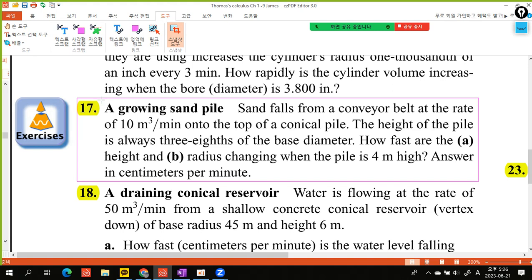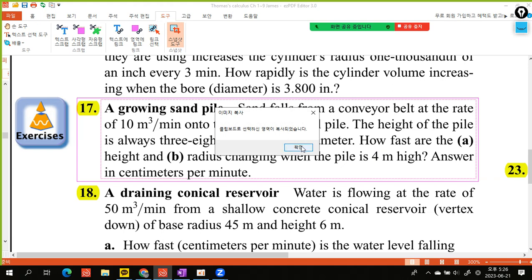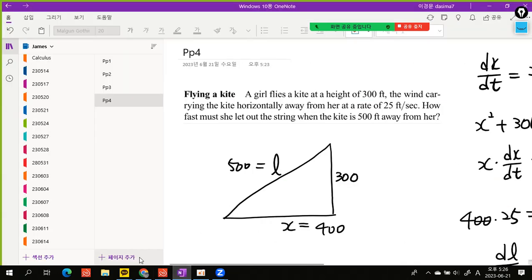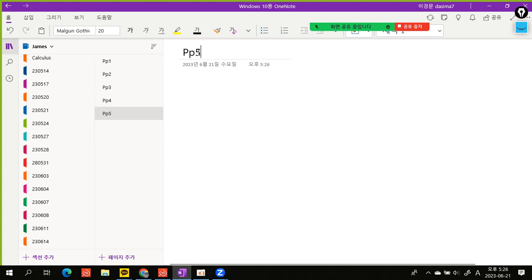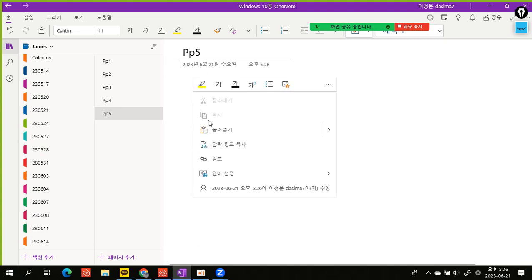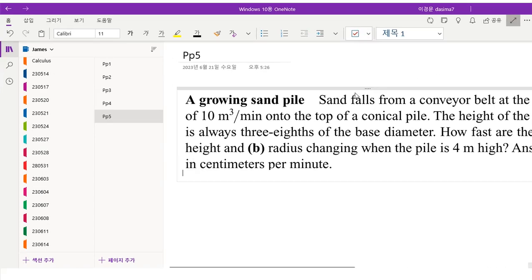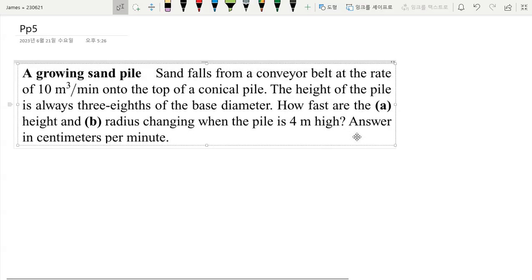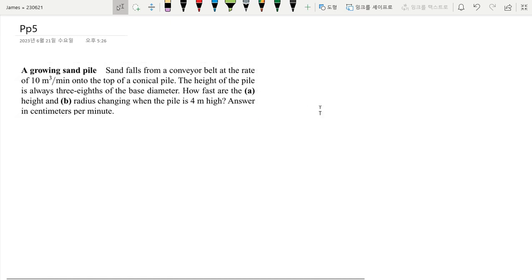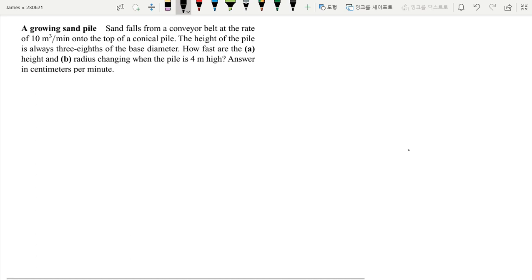And when the sand pile is growing, the conical pile's height is 3/8 of the base diameter.